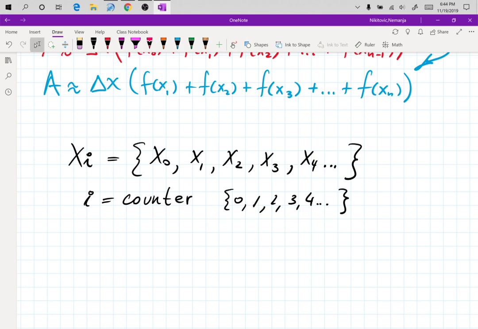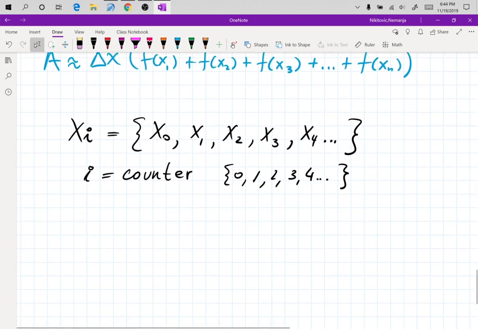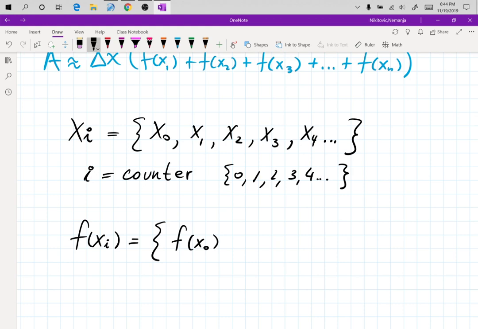This is very useful because I really don't want to write all of the stuff out. When I have f of xi, I have a set of f of x0, f of x1, f of x2, and going on forever.